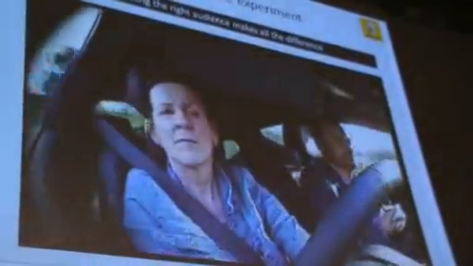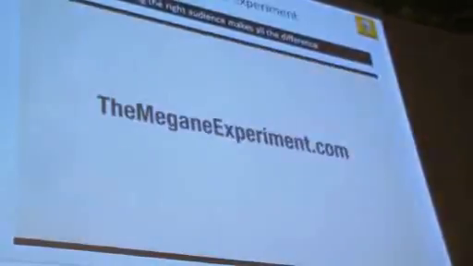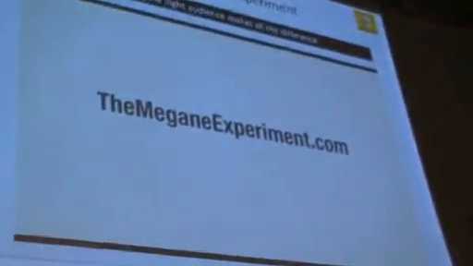My goal is to figure out the correlation between the presence of a Maymann and joie de vivre in the village. Can a car change a town? How do you feel inside of you? What make is it?